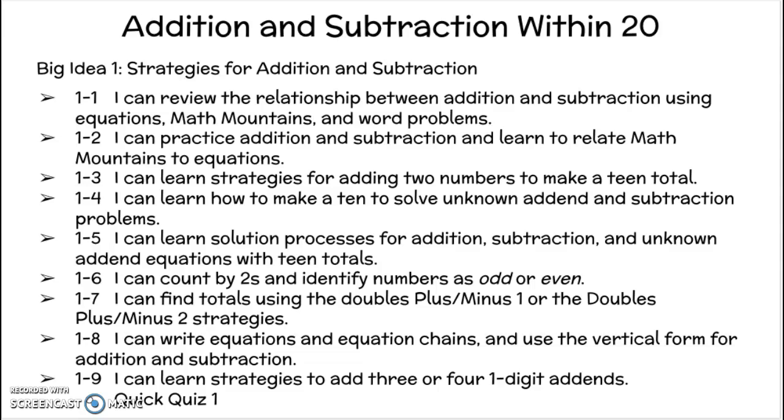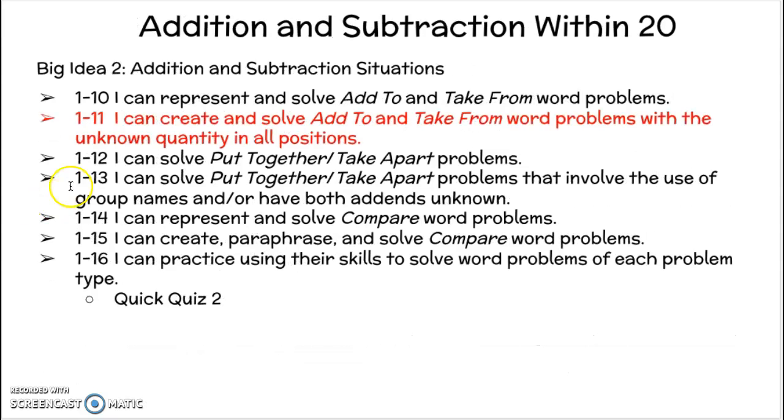We've been working on addition and subtraction within 20, and we've been learning strategies, and we're continuing to use those strategies as we solve word problems. So today, lesson 11: I can create and solve add to and take from word problems with the unknown quantity in all positions.